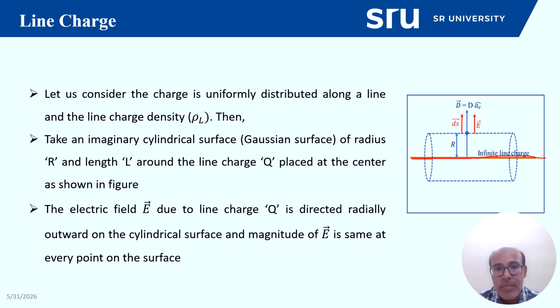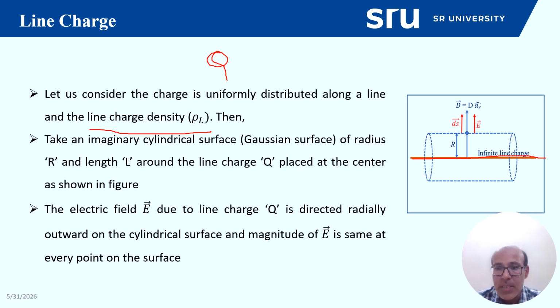When we talk about the point charge, it is a charge that we say is Q. When we talk about the line charge, we need to know the line charge density. Per unit length, how much charge is present.